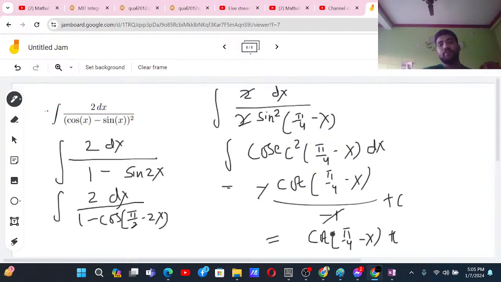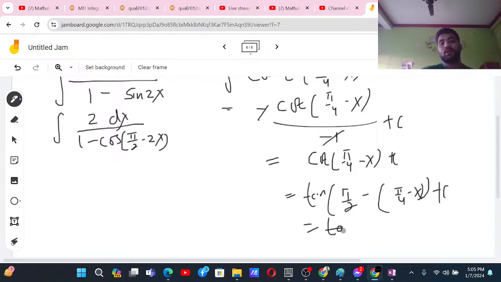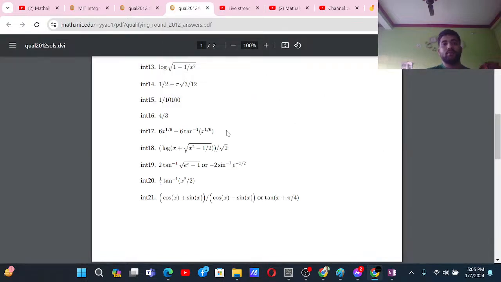Now if you have to bring this to tan, we can use the formula that tan is cot of pi by 2 minus everything. So that gives us tan of pi by 2 minus pi by 4 plus x, that's plus pi by 4. So the answer is tan of x plus pi by 4.